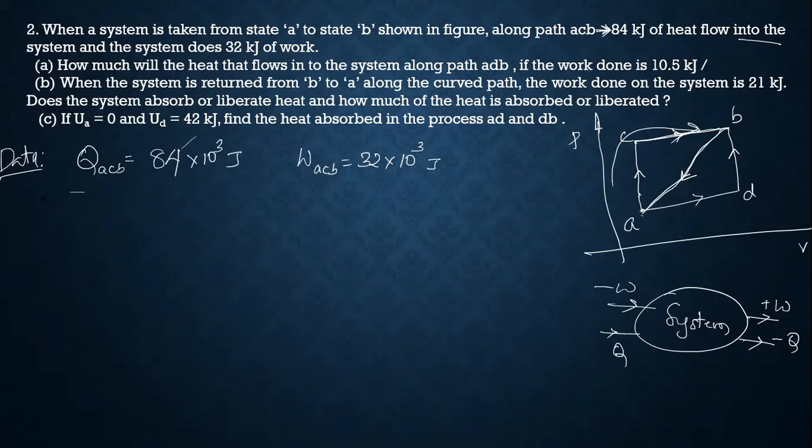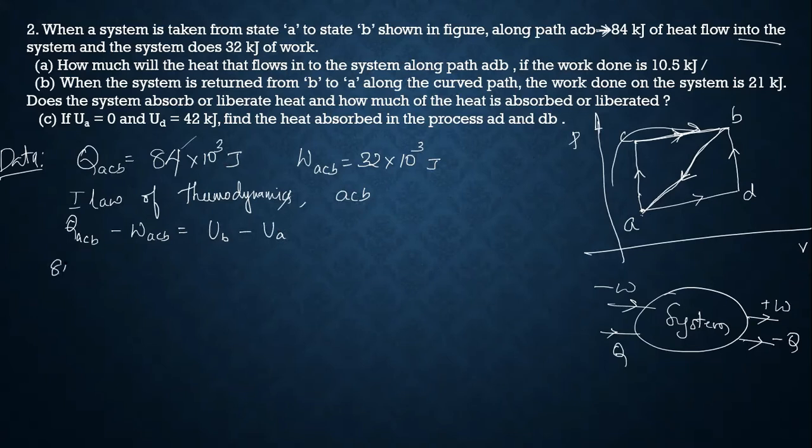These two, they have given as data. Let us go one by one. From these two, I apply the first law of thermodynamics for the ACB process. It is a non-cyclic process. Initial state is A, final state is B. QACB minus WACB is equal to the final state UB minus initial state UA.